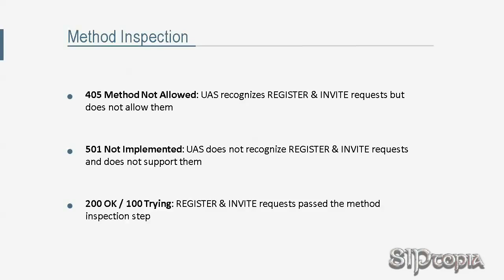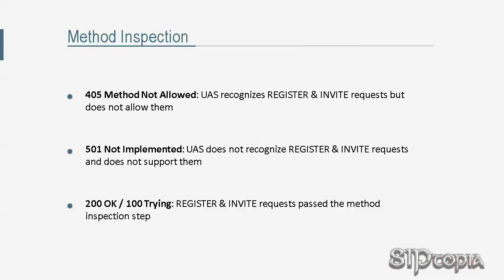This response would also include an allow header field to list the methods allowed by the UAS for the user agent client to take into consideration. If the UAS doesn't recognize register and invite, and therefore doesn't support them, Tarzan would receive 501 not implemented response. Naturally, the UAC cannot use these requests again unless Tarzan wants to keep getting the same response again and again.